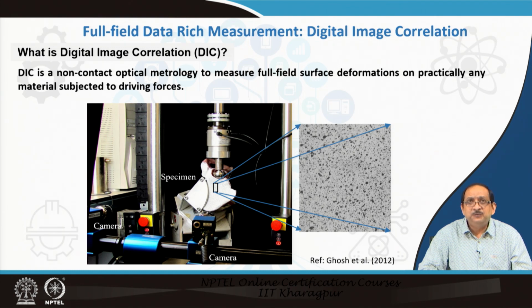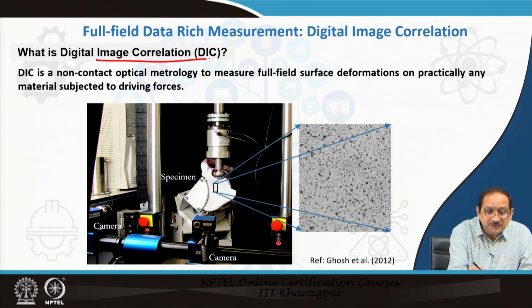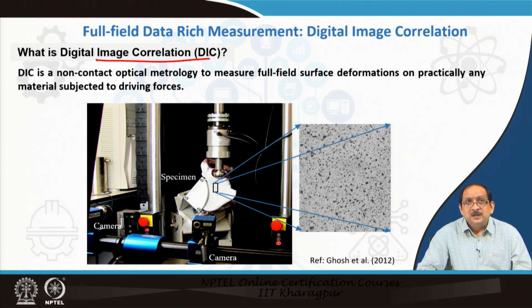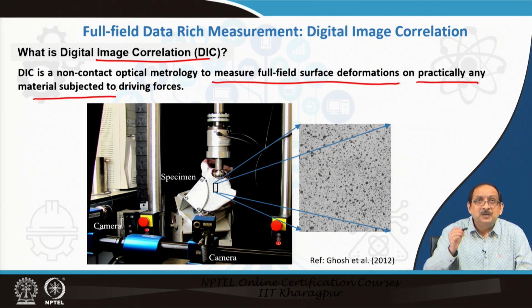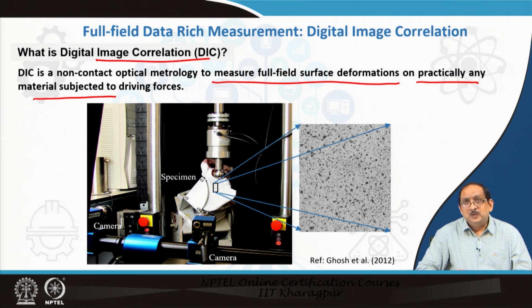This is regarding full field, data rich measurement using the digital image correlation technique. Now, what is digital image correlation? DIC is a non-contact optical measurement technique to measure full field surface deformations on practically any material subjected to driving forces or loadings.